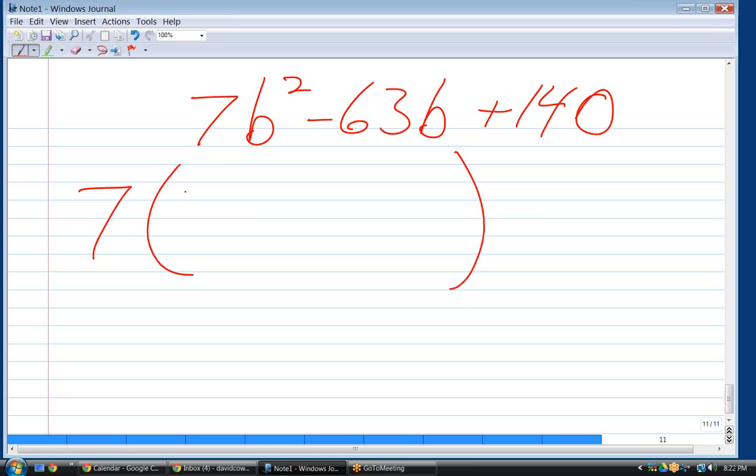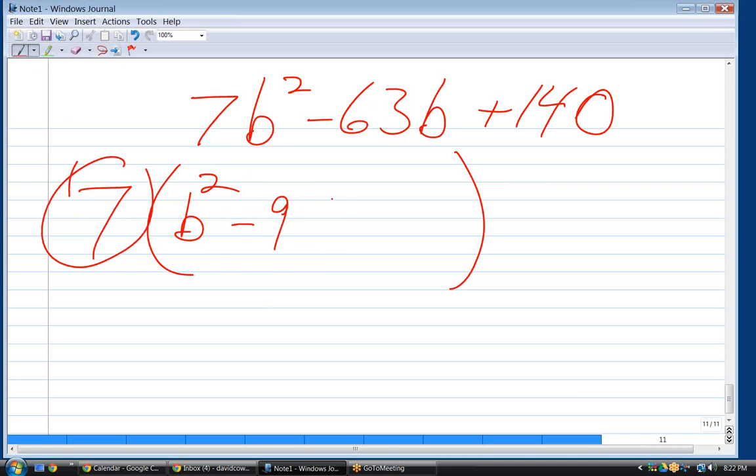Okay, 63. Hold on, what's the first term? Oh, sorry, my bad. It's going to be b squared. Second term. It's going to be minus 9. 9 what? 9b. Okay, you can't leave off that b. In other words, if I had just written 9, now 7 times minus 9 is minus 63, not minus 63b.